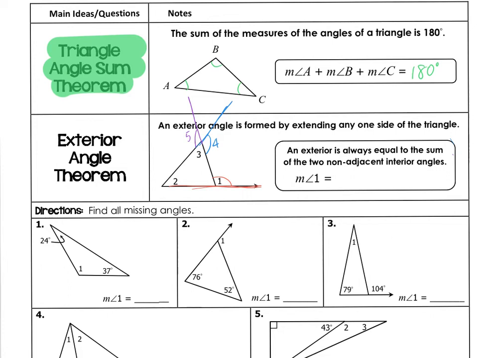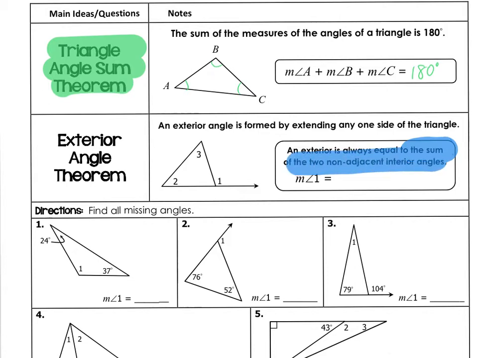And just to make life a little easier for us to see, the exterior angle theorem states that any exterior angle is always equal to the sum of the two non-adjacent interior angles right there.